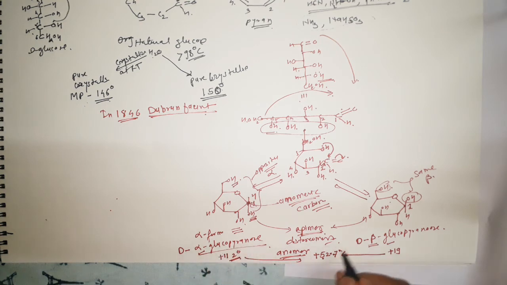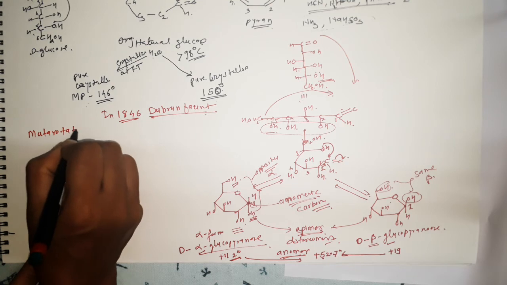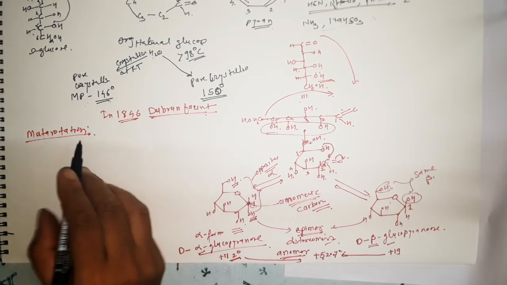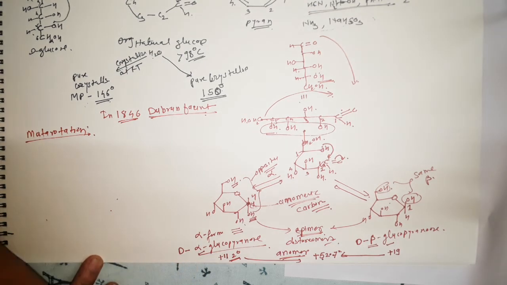So this change in optical activity with time is termed mutarotation. So what is meant by mutarotation? It is the spontaneous change in specific rotation.